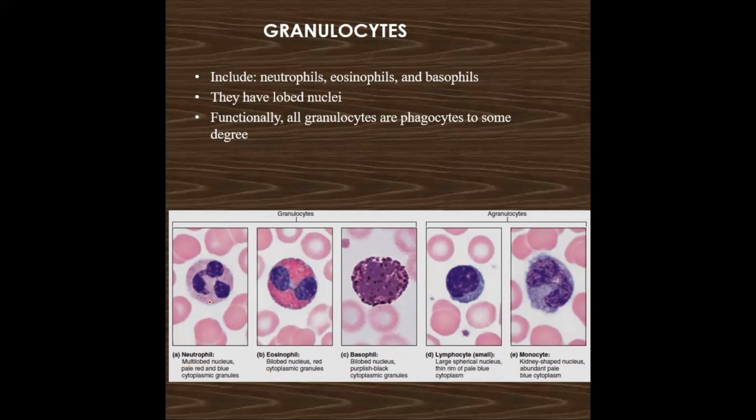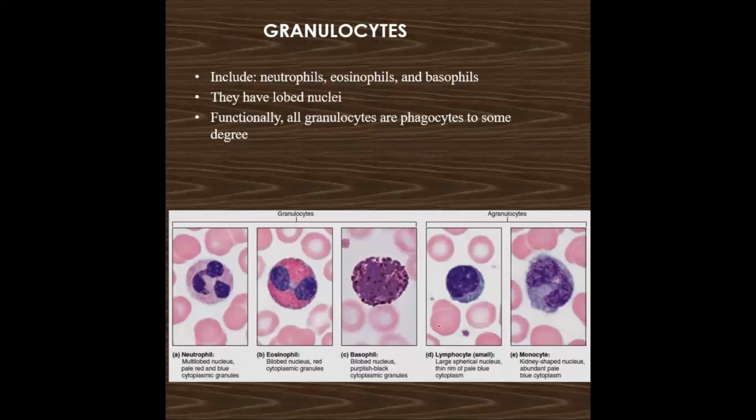The point to be noted here is that red blood cells do not contain any nucleus, while white blood cells contain an obvious nucleus. Eosinophil contains a bilobed nucleus, and red cytoplasmic granules are present here. Basophil has a bilobed nucleus and purplish black cytoplasmic granules.